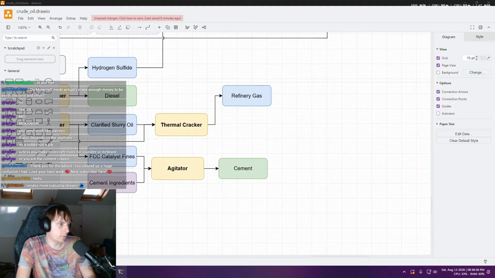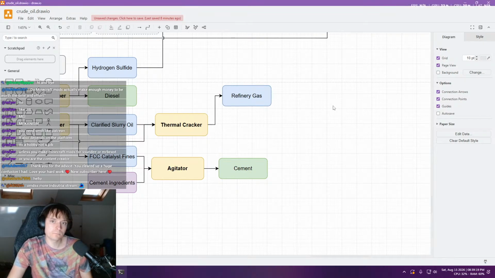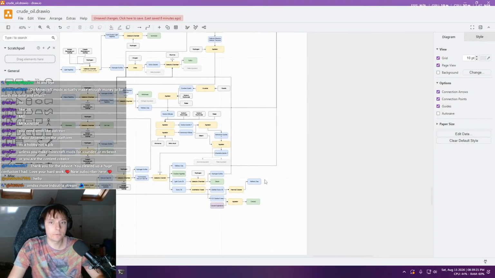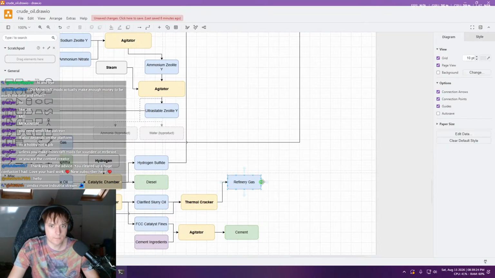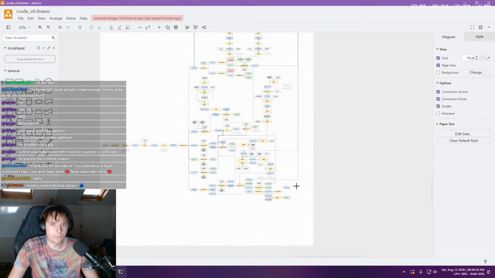I just need to find what the other ones are actually used for before we go ahead and add them in here. So refinery gas, let's just pump this round.